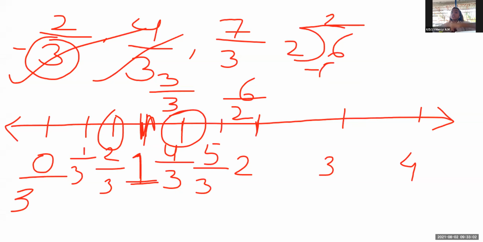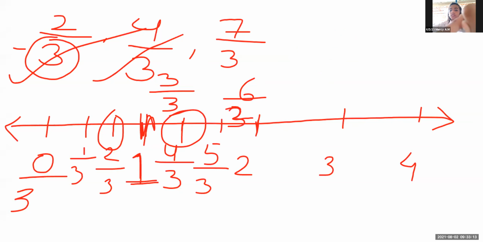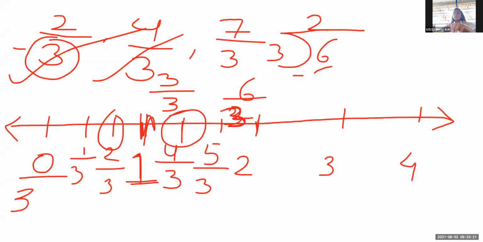Just wait a minute. Okay, now see here. 5/3, then 6/3. I have written 2 by mistake, it will be 6/3. If we divide 6 by 3, 3 twos are 6. So instead of 6/3, I have written 2.